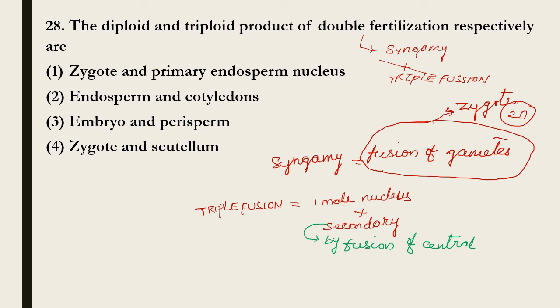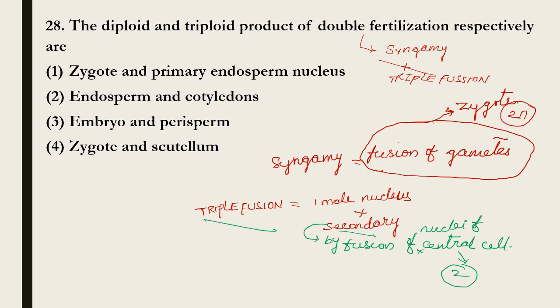So the secondary nucleus is the result of fusion of nuclei of the central cell. Here the central cell consists of two nuclei plus one male nucleus, a total of three nuclei fused together. That's why it is a triple fusion.